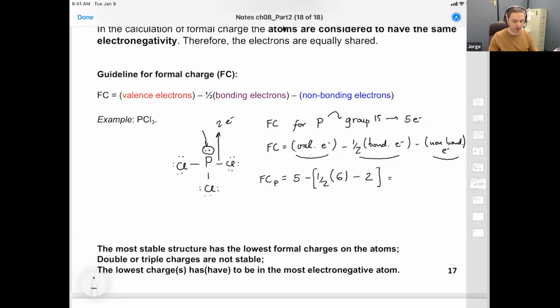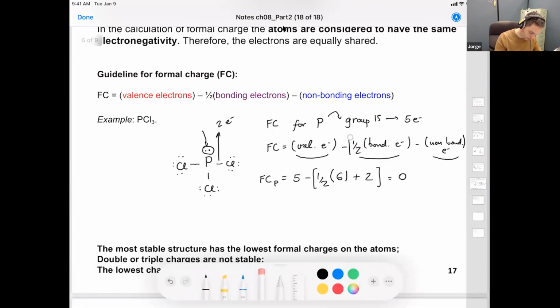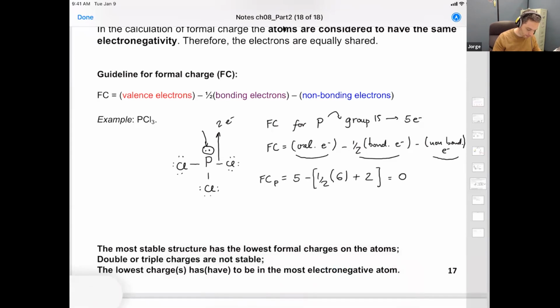And let's see the formal charge for phosphorus. Half of 6 is 3. 3 plus 2 is 5. 5 minus 5 is 0. Therefore, the formal charge for phosphorus is 0.